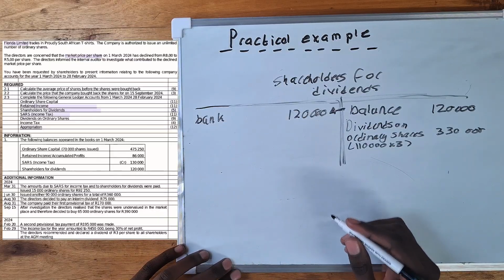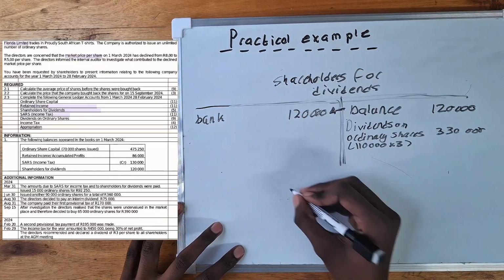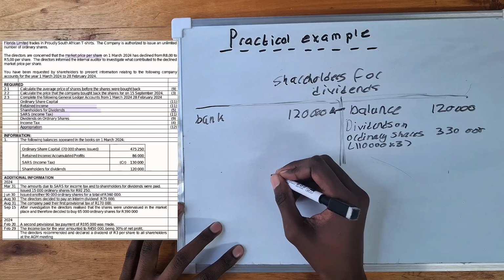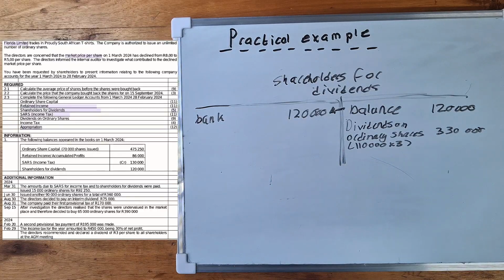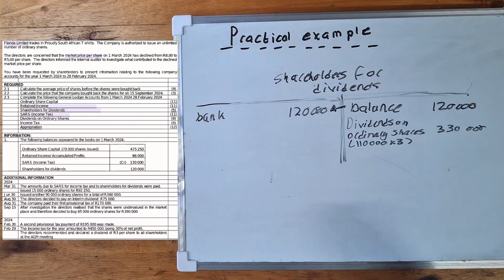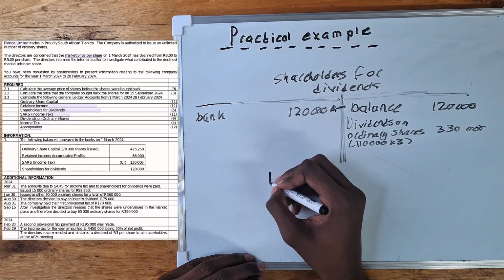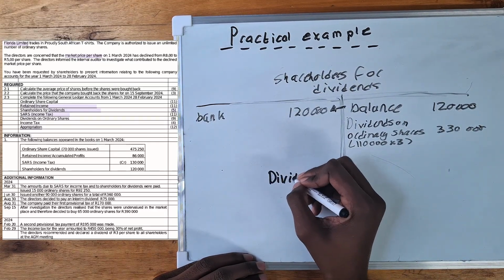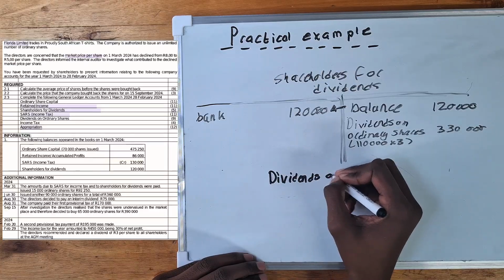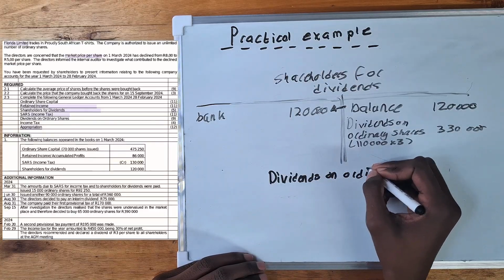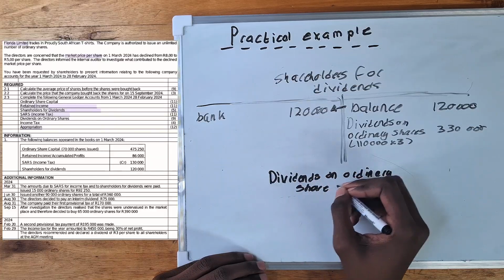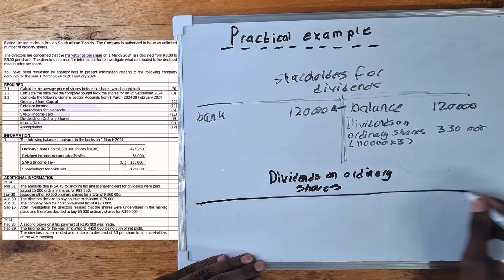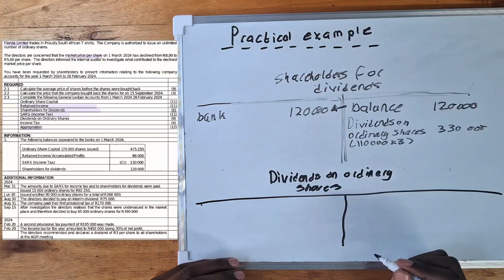So for the dividends on ordinary shares, it is also pretty simple, guys. It is also pretty simple.